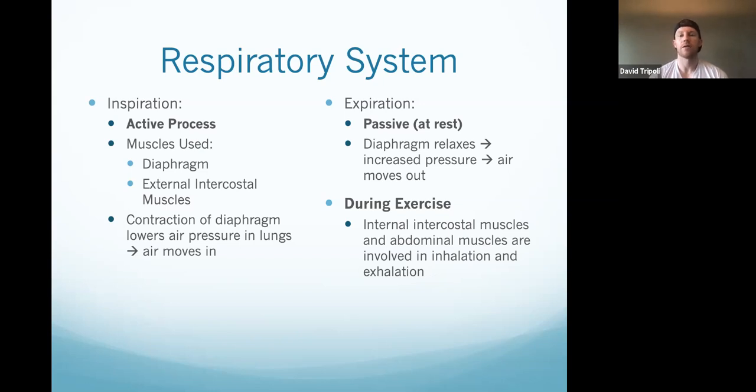Now, I've done a deep dive into breathing since I made this PowerPoint, or I've tried to understand it. A lot of us don't breathe very well, in the sense of chest breathing versus belly breathing versus full inhalation using our diaphragm. That's a whole other continuing education topic.